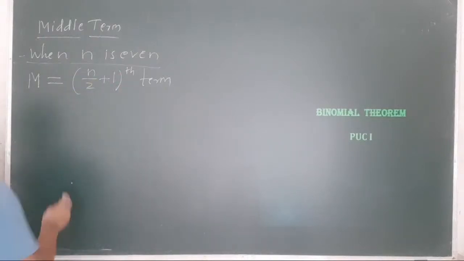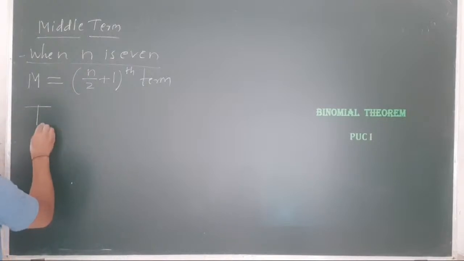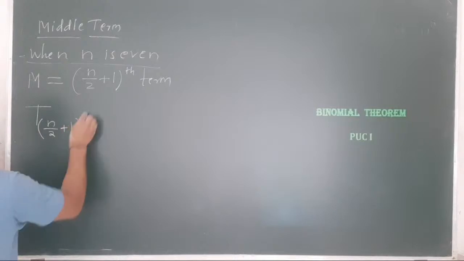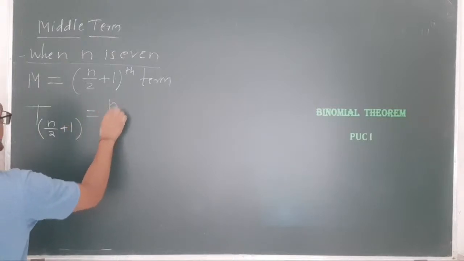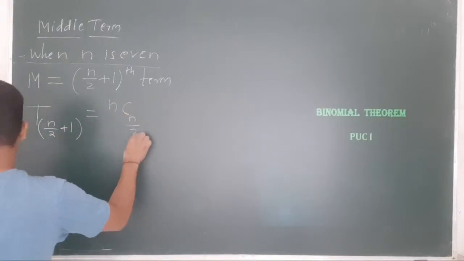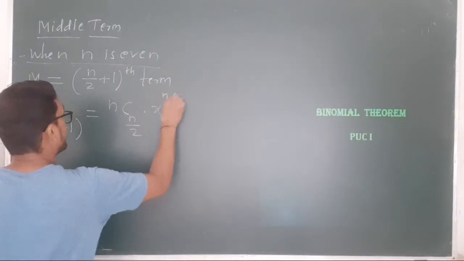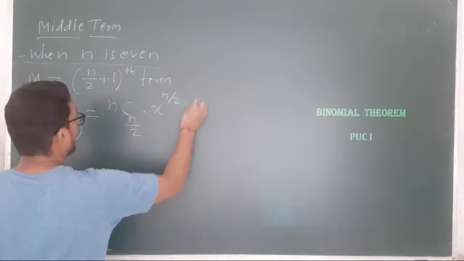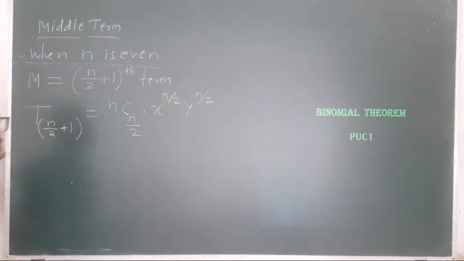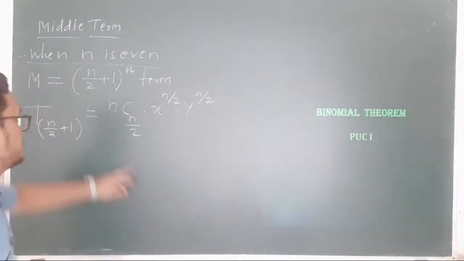Or for this we can write another result: T of n by 2 plus 1 is equal to nC n by 2 into x to the power n by 2 into y to the power n by 2. Okay, so we are finding the general middle term. You can use this result.